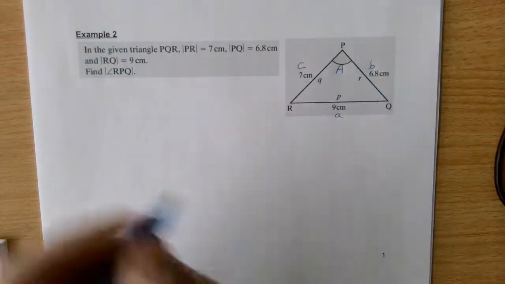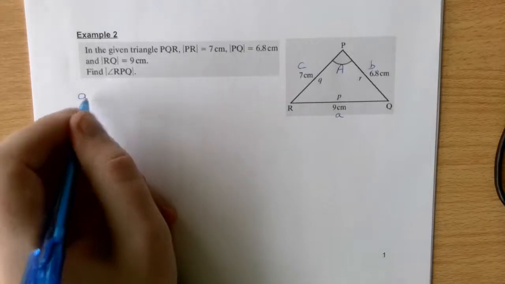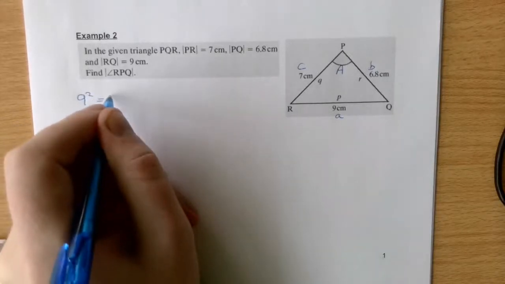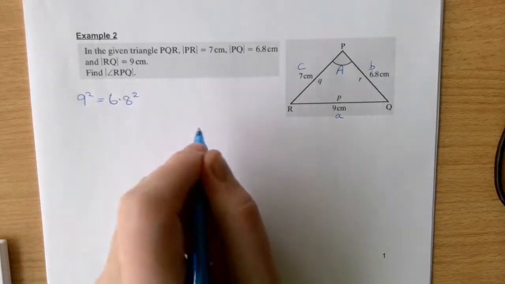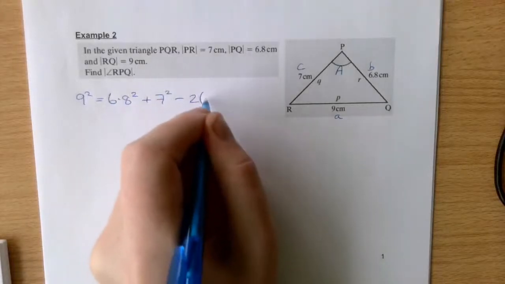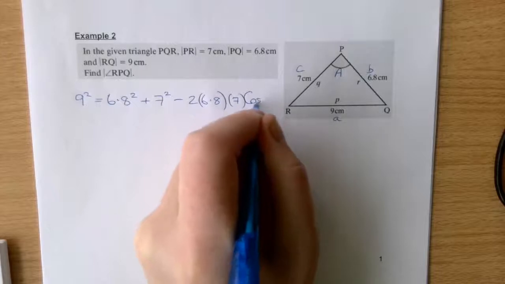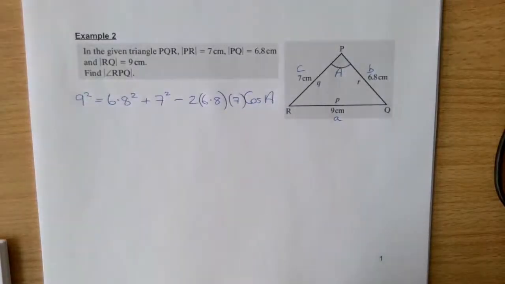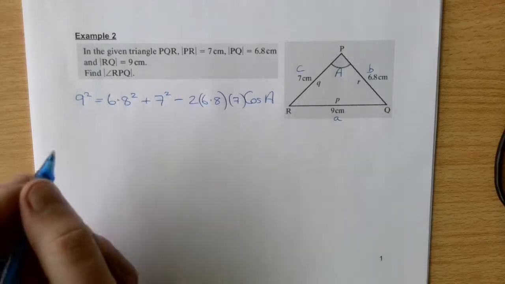So we're going to fill those values into the formula, so it's going to be a squared, so it's 9 squared is equal to 6.8 squared plus 7 squared minus 2bc cos of A. Now we can work out each part of those individually if we like, or what you can do is as follows.